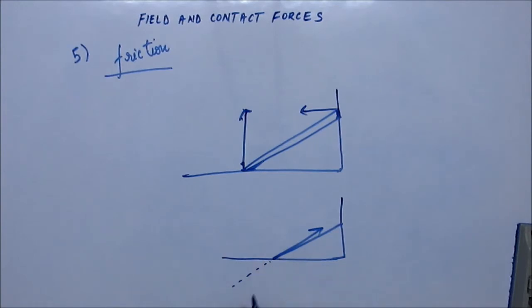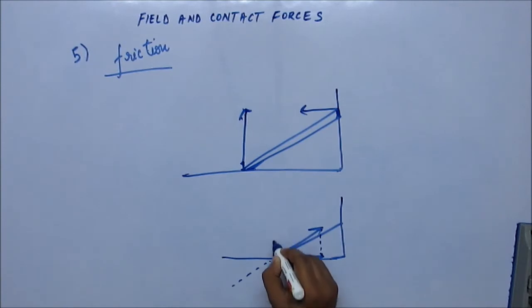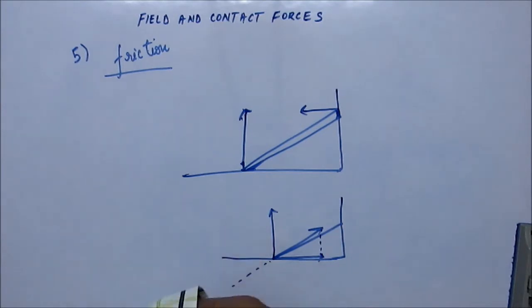Now in the chapter on vectors, we understood that it is very convenient to always break a vector into components, horizontal and vertical, because it helps a lot. So we are going to break this force into one horizontal and the other vertical, like this. So this is the force that the floor is applying, and this one will always be vertical, because we have broken the force into components, one horizontal which will be parallel to the surface and one perpendicular. So this is the force that we call normal reaction, because it is perpendicular.